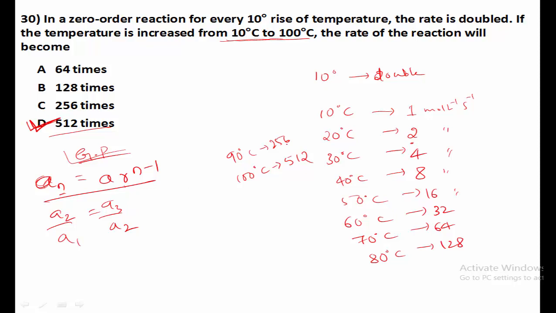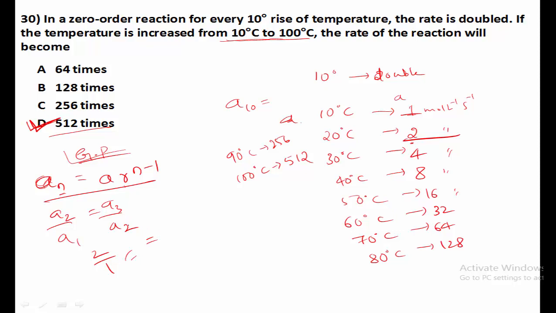So here, if I take this one as A, and here I will increase it 10 times. So A1 is 1 and A2 is 2. Take the ratio: 2 divided by 1, so it becomes 2.